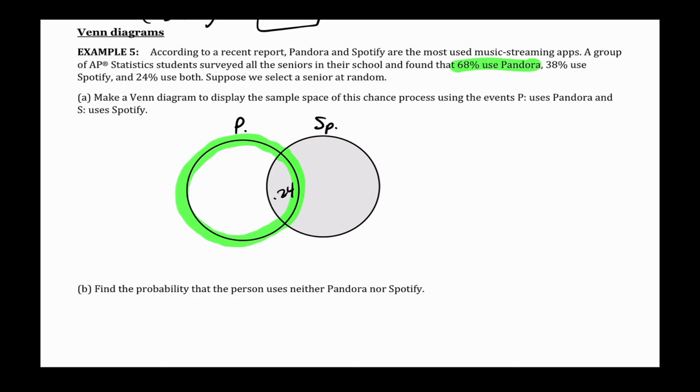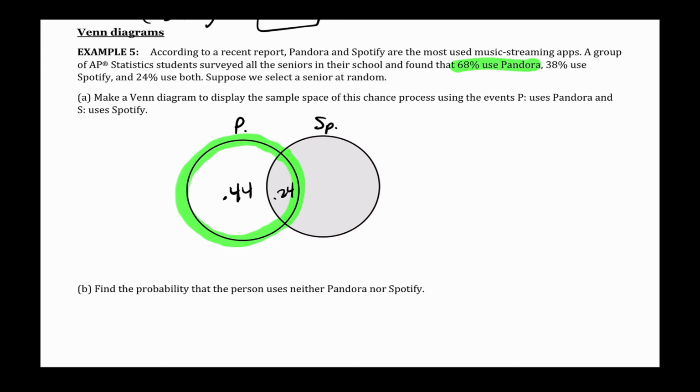Because I'm already accounting for those 24%. Those 24% use Pandora. Who are the ones that only use Pandora? So I go 68 minus the ones I've already counted, 24. So it's 44. So the one that's going to go in here is 44, because anything in the green circle can't go above 68.